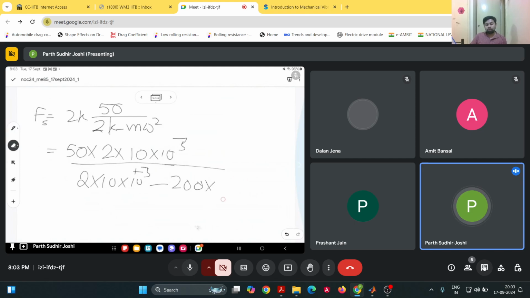So 2k minus m omega square will be the magnitude of the steady state force that is acting.